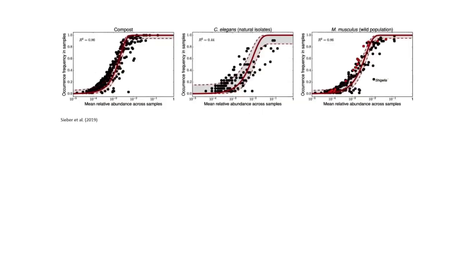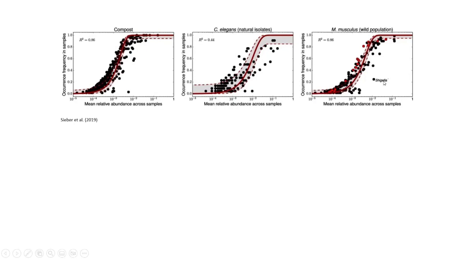And this is an example done by Sloan and collaborators. And what you get here is basically two answers. You can see if your system fits well to a neutral model, and that's based on this R square, so how well all the taxa fit to this neutral process. But you can also see which taxa deviate from this process.